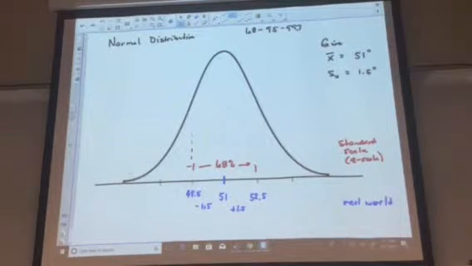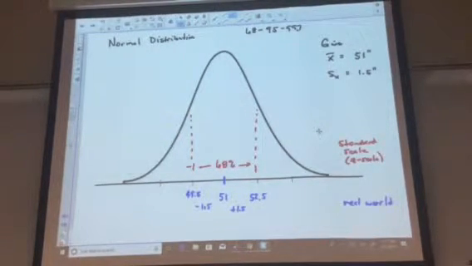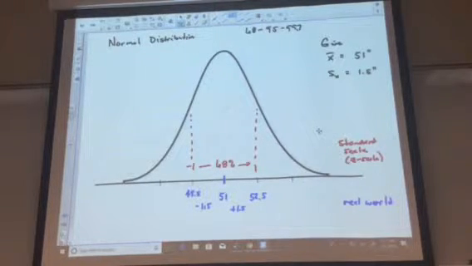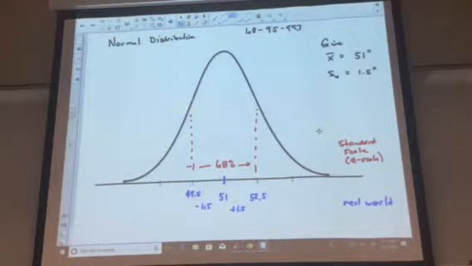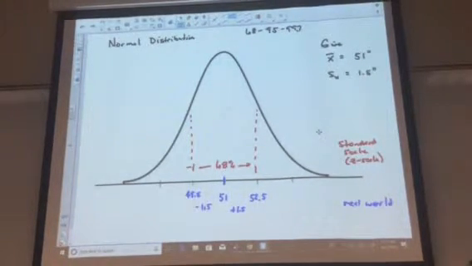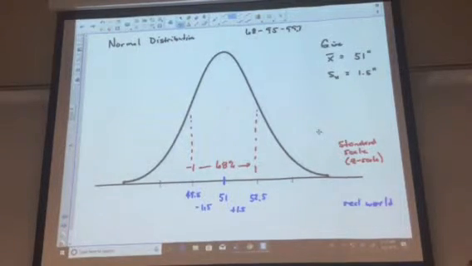If I would visualize cutting out this section right here, I would find out that that would take 68% of all the area that was involved in that curve. Or that if the people were normally or equally distributed in there, that I would get 68% of my people. If there were 100 people in my sample, I'm expecting 68 of them are going to have heights that lie between 49.5 and 52.5.